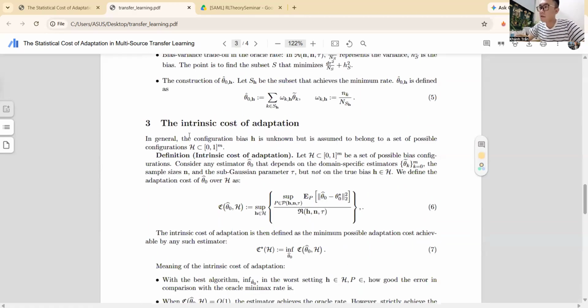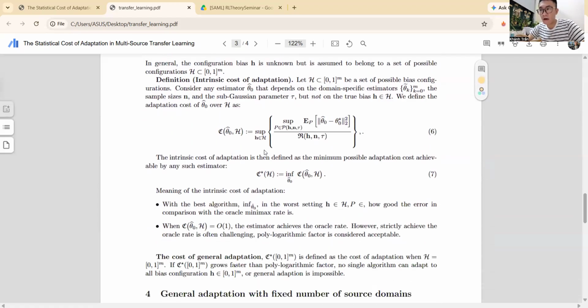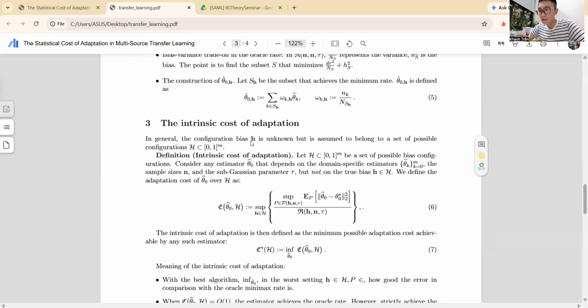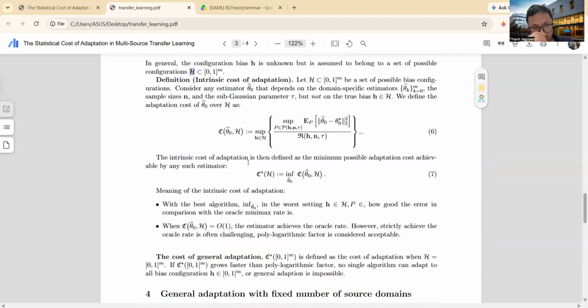Okay, so that's the setting when the configuration F is known, and then we move on to the case when F is unknown. In that case, F is unknown, but it is assumed to belong to the set of configurations capital H. First, the intrinsic cost of adaptation is defined in equation 6.